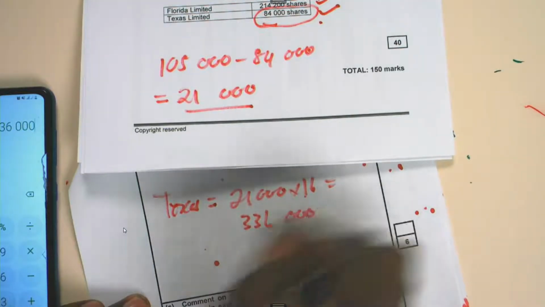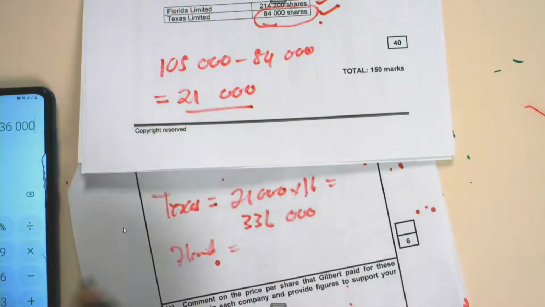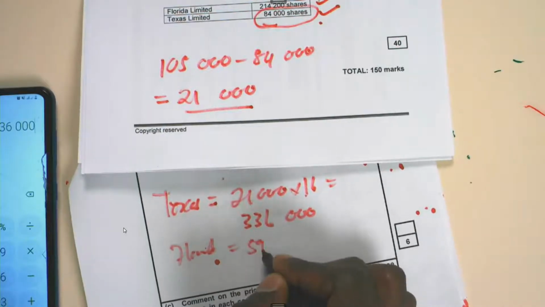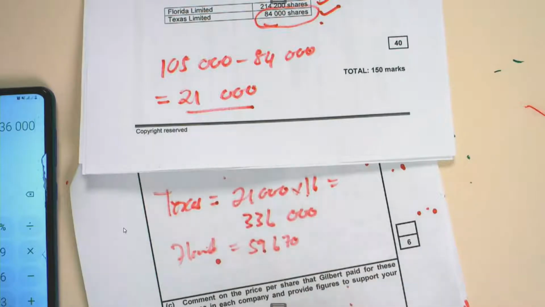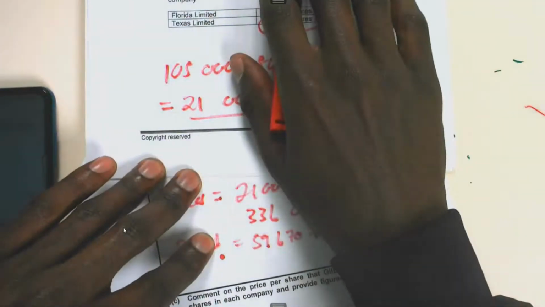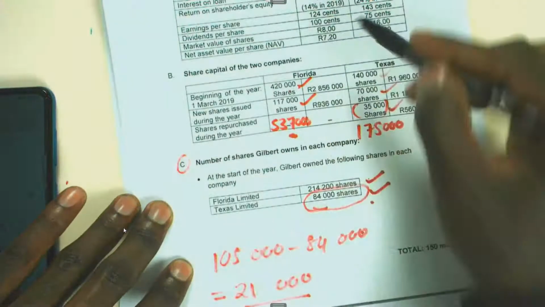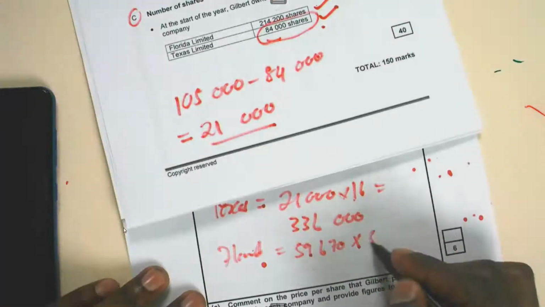It means he will have to pay 336,000. In the case of Florida, the additional shares that he must buy is 59,670 from the previous calculation. We multiply it by the market price. Let's check the market price. That is 8 rand. So we multiply by 8 rand.